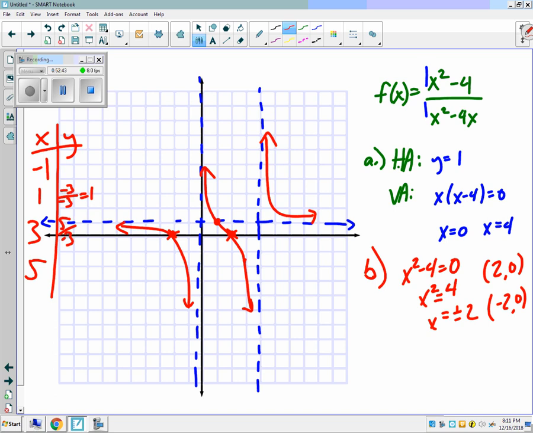It's just what power it's being raised to. So like all of these are multiplicity 1. If I was to factor this, they were multiplicity 1, so everything crosses.